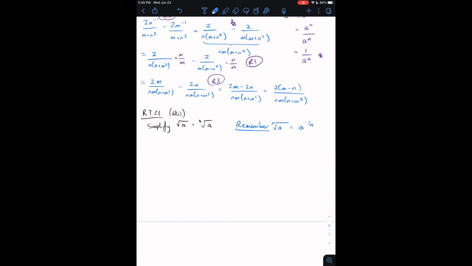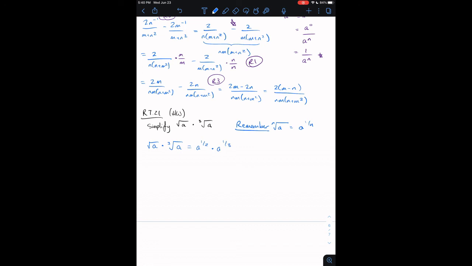So if you remember at the start of this video, I said this fact means that all of the properties of exponential expressions, or exponents, also apply to radicals. So what we do is we write what we have above. By definition, this is just a to the 1/2 times a to the 1/3.